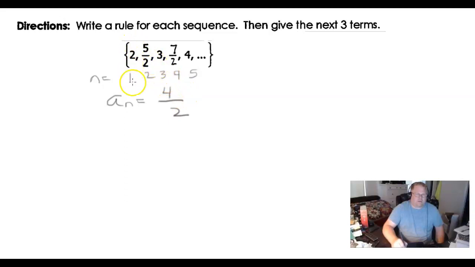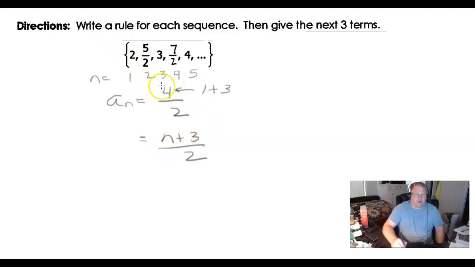So how do I get a 4 from this? Alright, so let's see. I only have a 1, so this needs to be 1 plus 3. So let's try that. n plus 3 divided by 2.